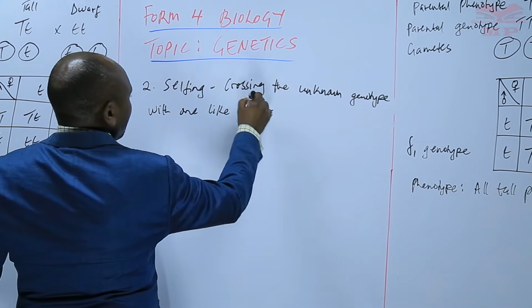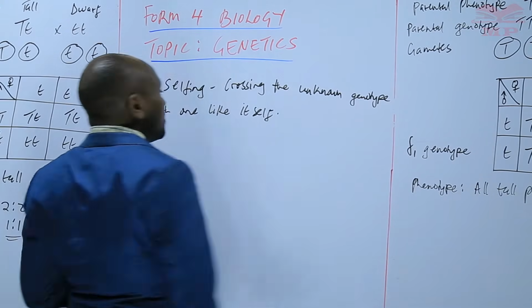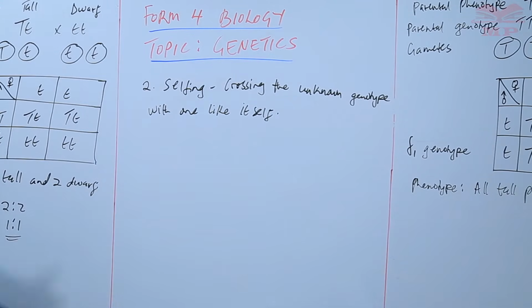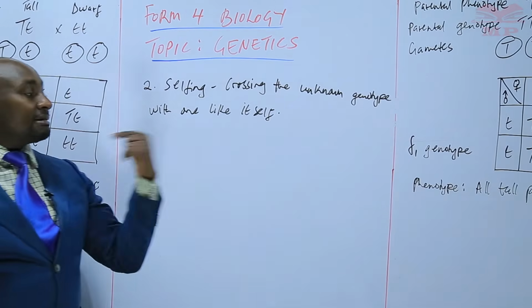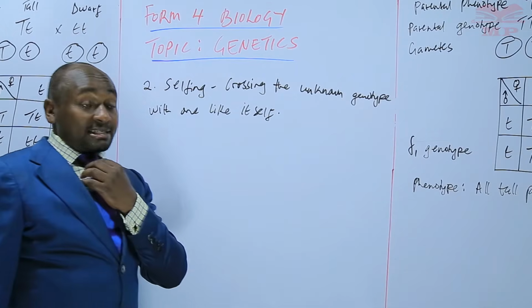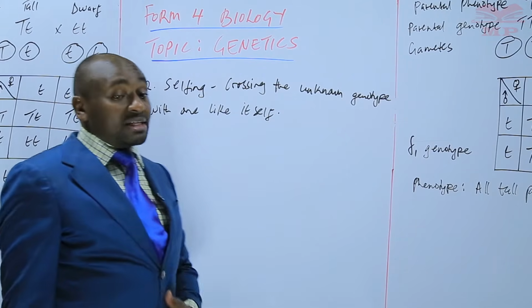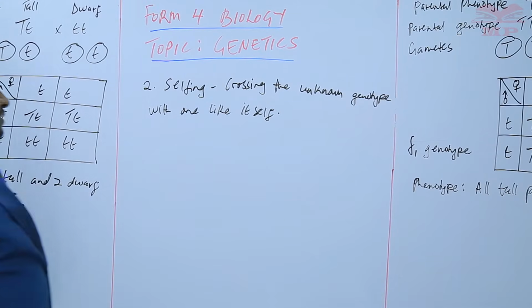And on this, if we get only one trait, for example, only tall, then we know that the genotype was homozygous. But if you get a mixture, again, we know that it was heterozygous, just like we have done in the previous case.